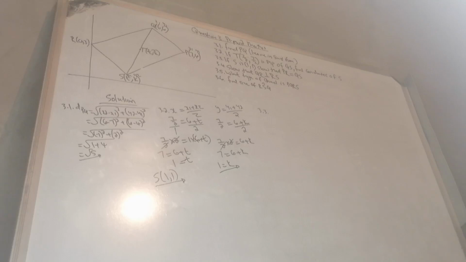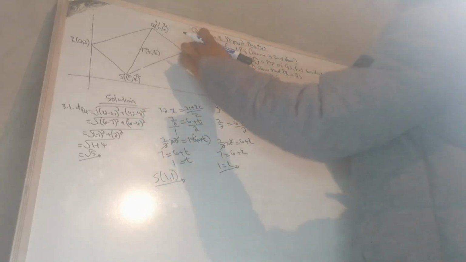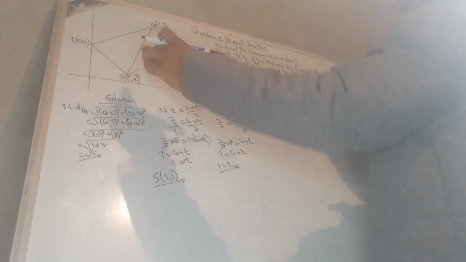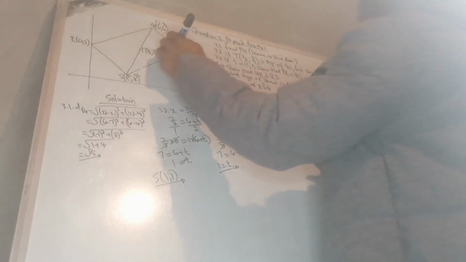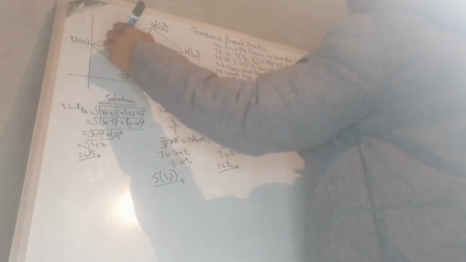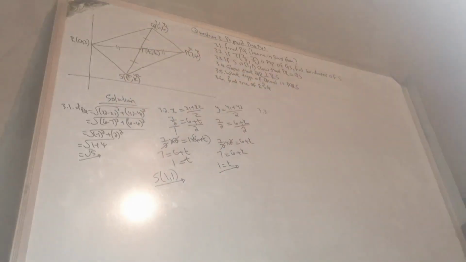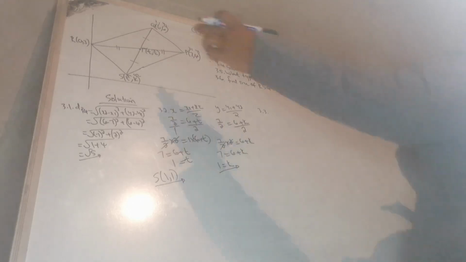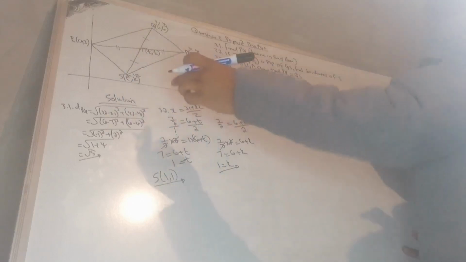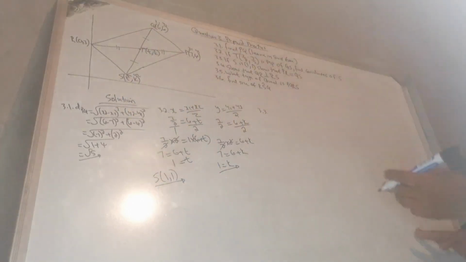If S is (1, 1), show that PR equals QS. I know what type of quadrilateral this is, but that's fine. What is it that we are going to show here? If PR equals QS, the distance must be the same.